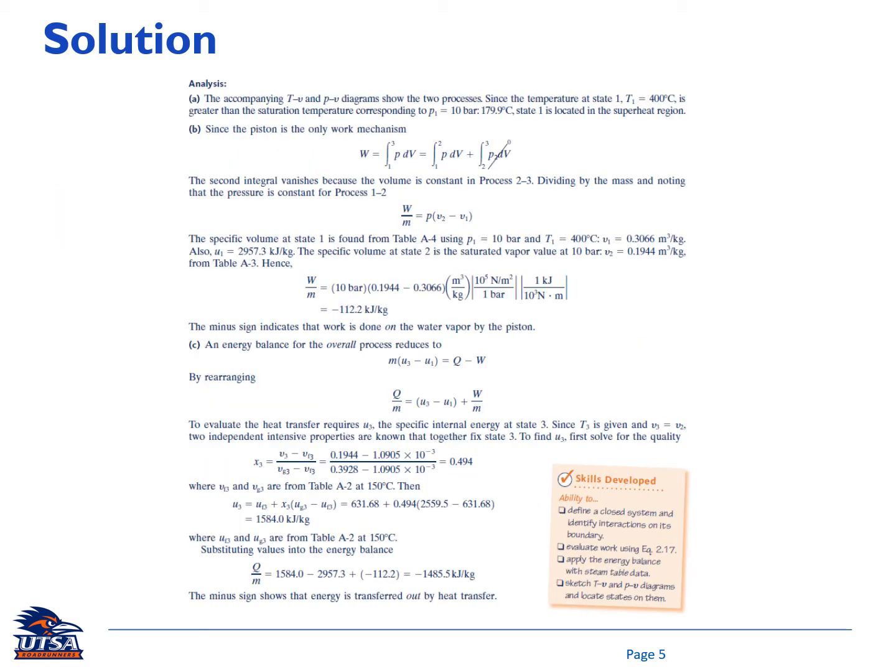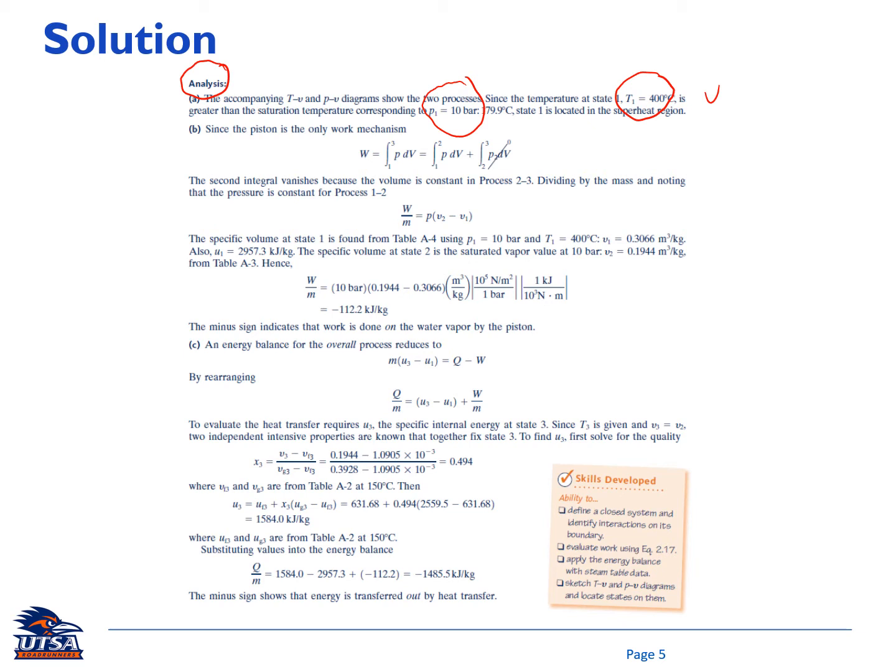Go next. So now we are ready to do the analysis. Part A, we have answered it, the sketch on both PV and TV diagrams. So once again, state 1 is given here: 400 degrees C, and P1 is given here, 10 bar.